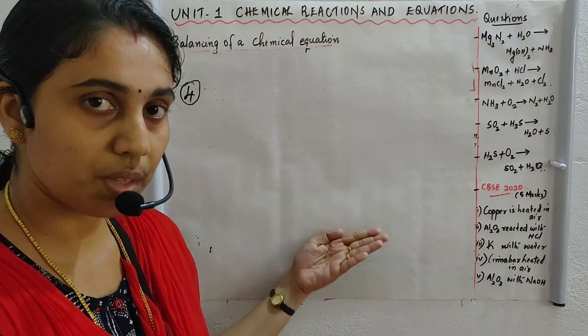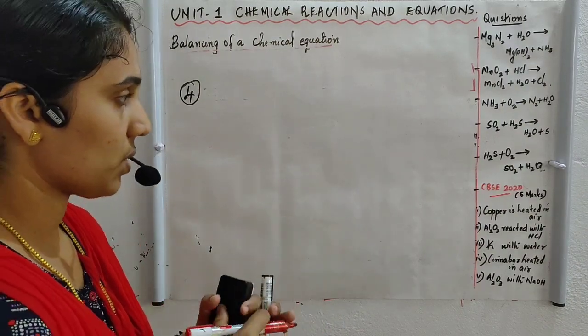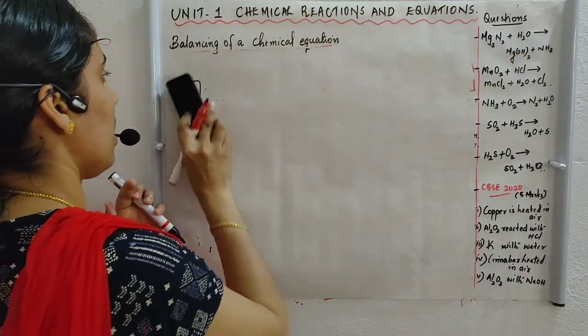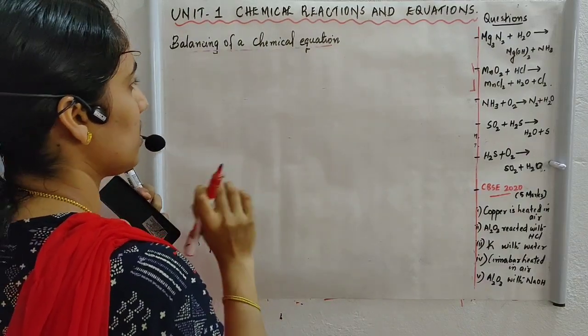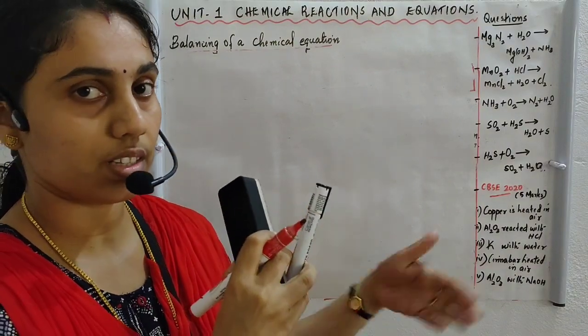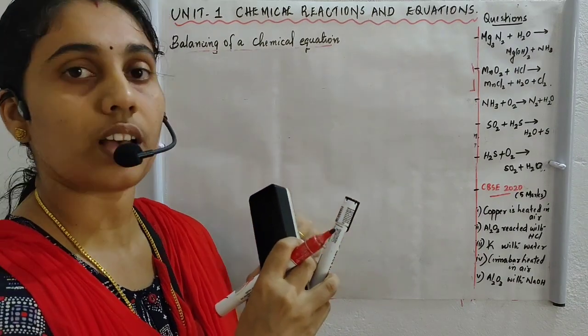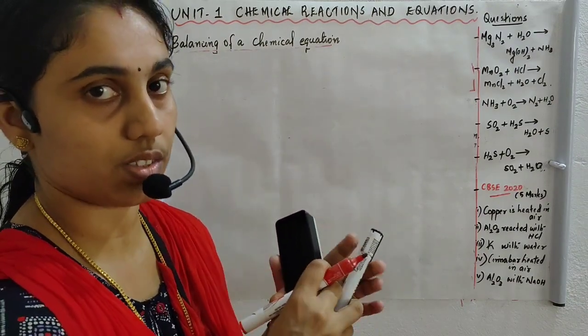You have to write the chemical equation and balance the same. It's a 5-mark essay question. In order to complete the reaction, you have to study the coming lessons, then only you can complete the reaction. But how to balance, that I'll discuss now.